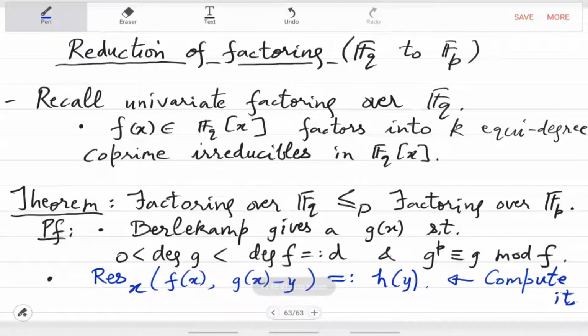What can you say about H of alpha? All those good alphas are actually roots of H, and they are numbers. So here you can call the subroutine that factors over Fp. If you have an algorithm that factors over Fp, it will factor H and give you the alpha, and then you happily compute step 2 of Berlekamp. That is the fast algorithm. So that basically is the proof.